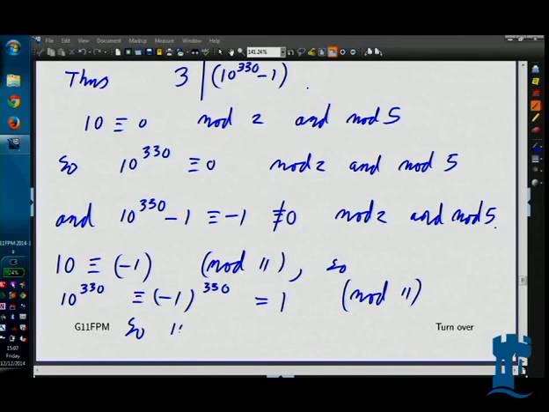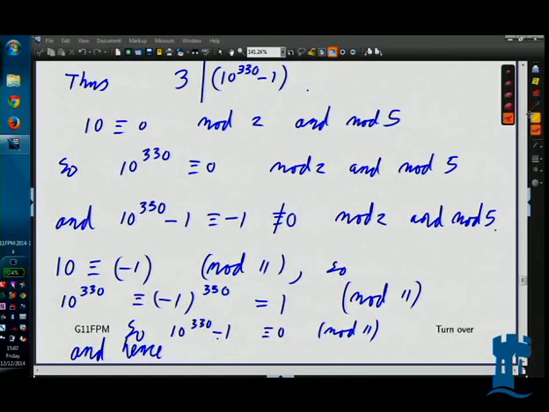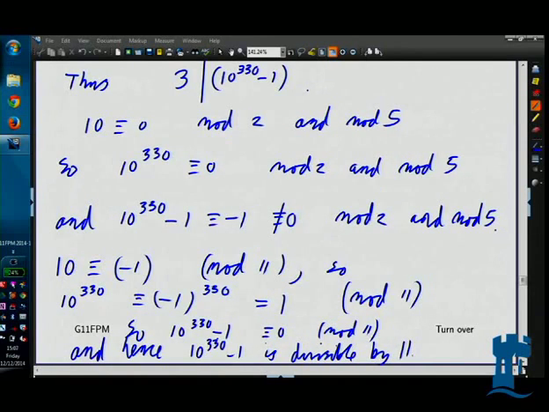So 10 to the power 330 minus 1 is congruent to 0 mod 11, telling you that 11 goes into 10 to the power 330 minus 1. Okay. 10 to the power 330 minus 1 is divisible by 11. And the rest is however you want to finish it off. Okay. So that's why you end up with the highest common factor being 33.